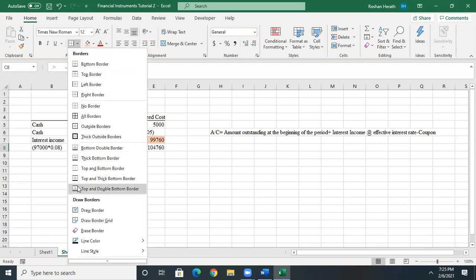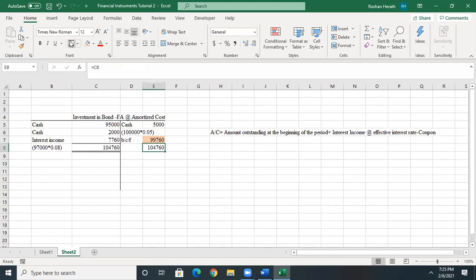So the question asks us to account this throughout the lifetime. Hence, we may go and do the accounting. So this is for the first year, that is in the sense for the year ended 31st December 2018.